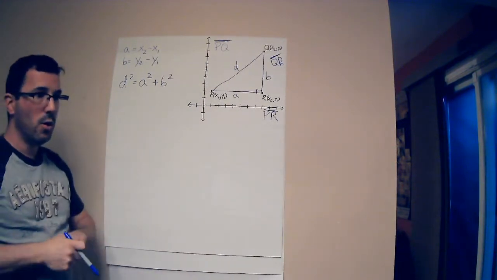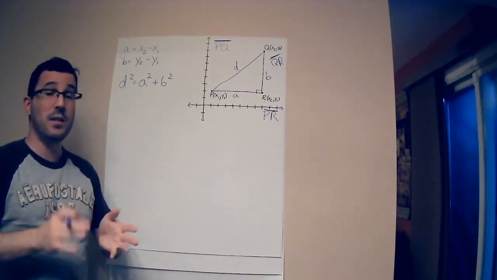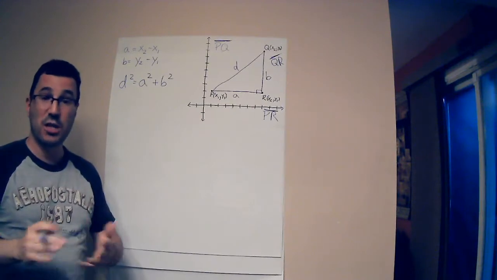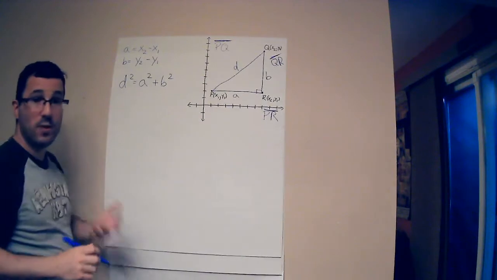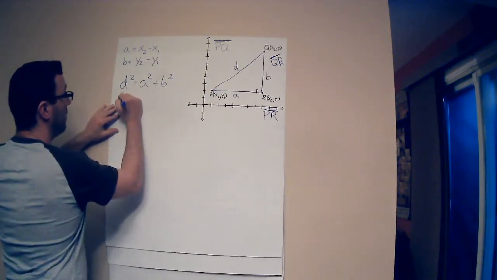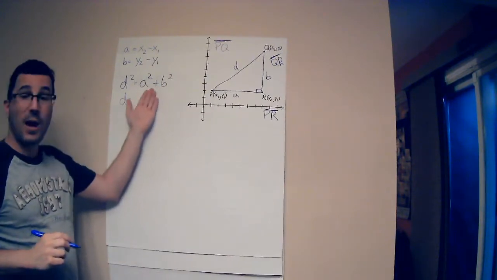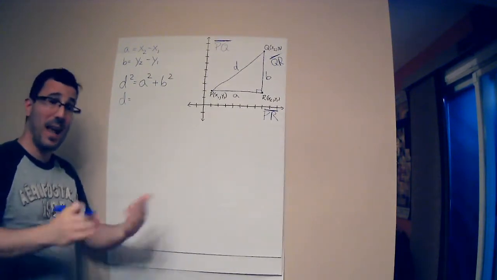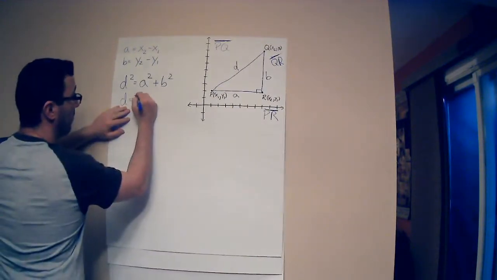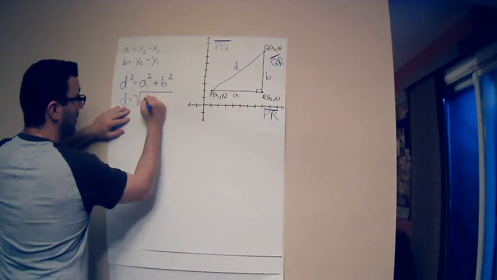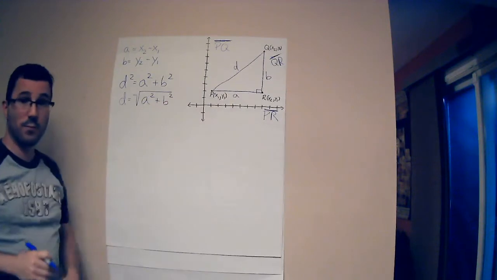The first thing I'm going to do is, I don't want to find d squared. I want to find d just by itself. So I need to take its square root. The square root of d squared is just going to be d. But since these two are adding together, I can't just write a plus b. That doesn't work. So I have to write it as taking the square root of that sum.